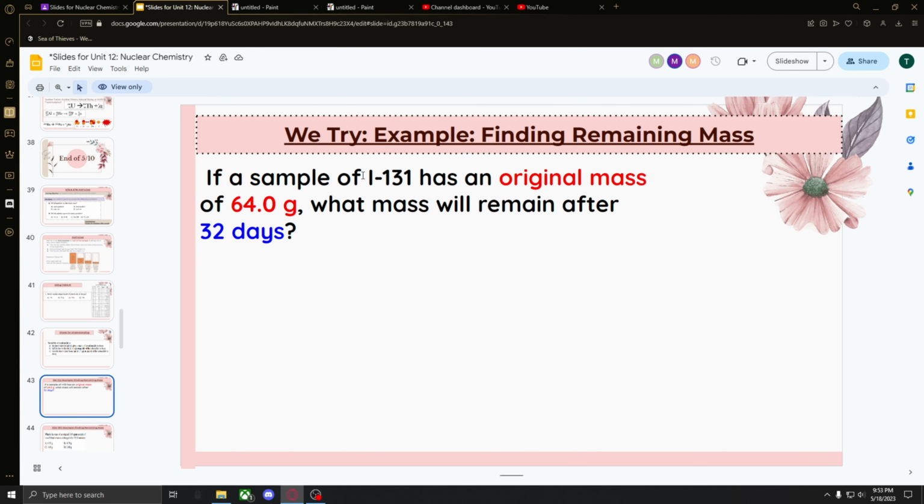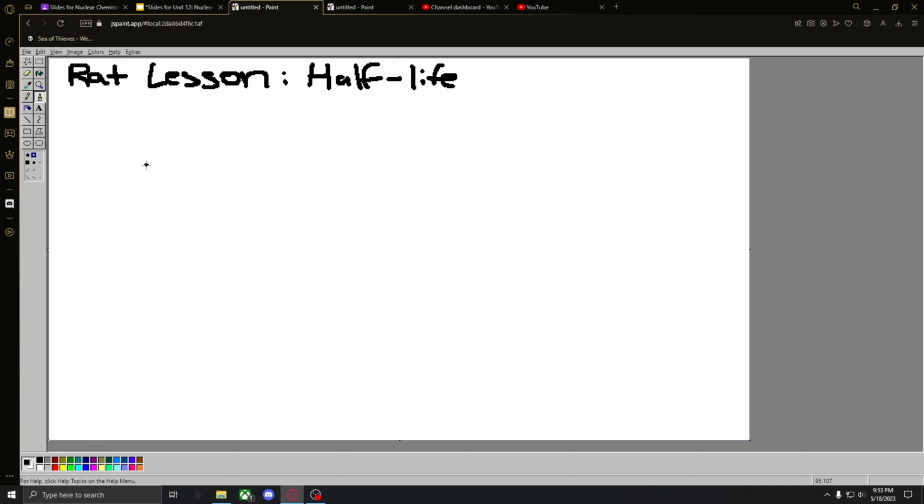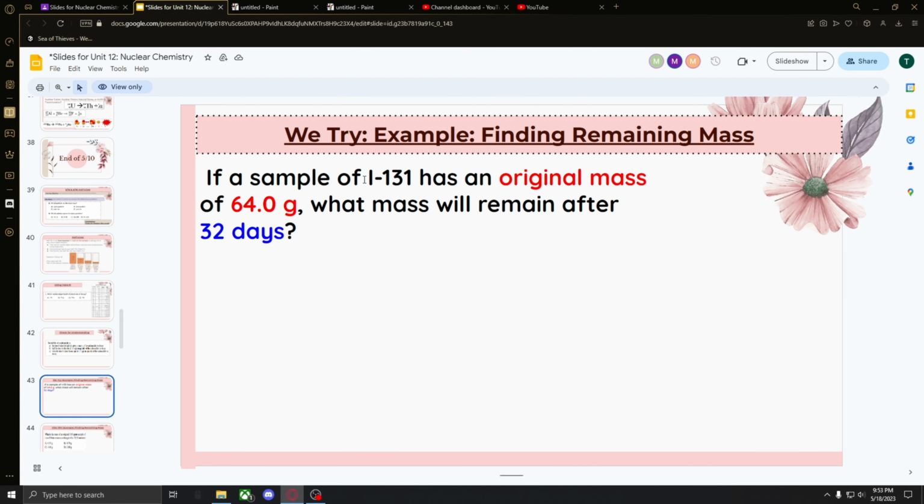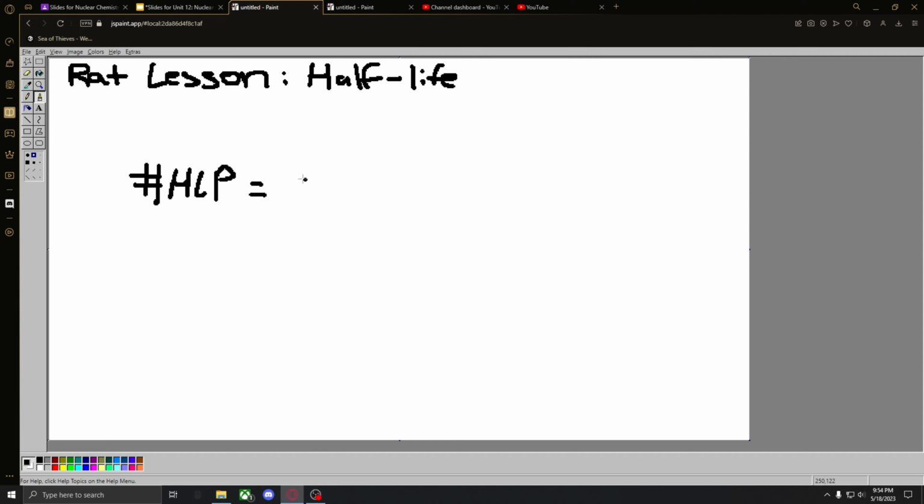So let's plug this in. A sample of iodine-131 has an original mass of 64 grams, and we want what remains after 32 days. So you would need to put the number of half-life periods. We don't know what that is yet, but what we do know is the half-life of this, if you look on Table N, and the number of days, which is time.